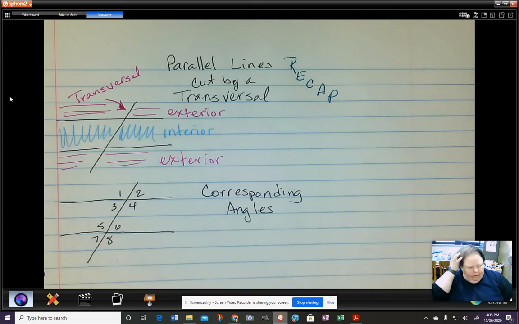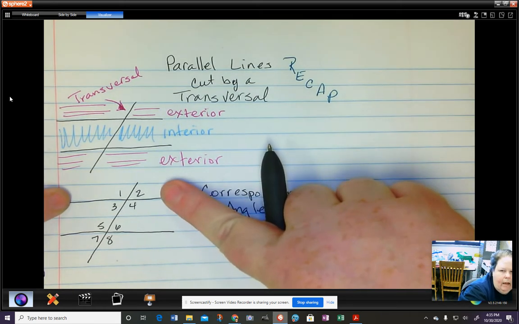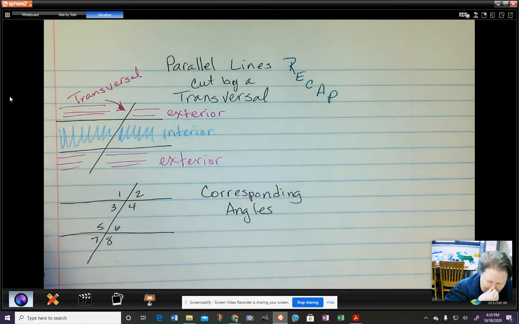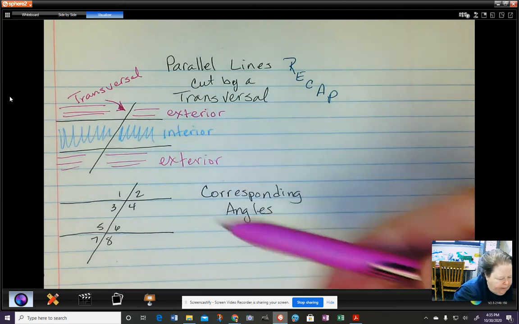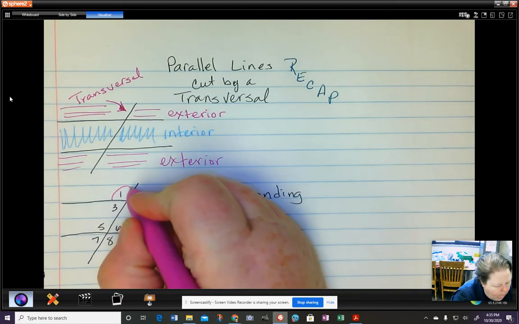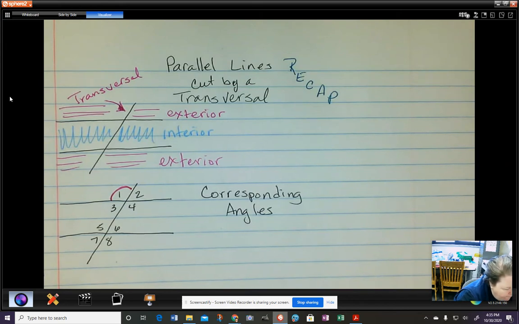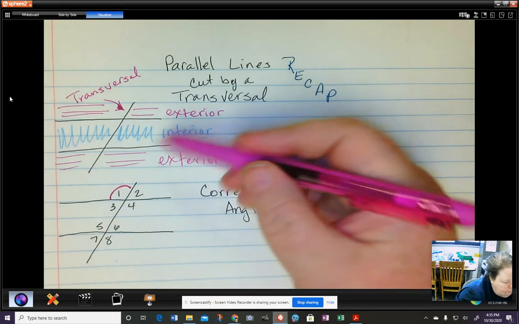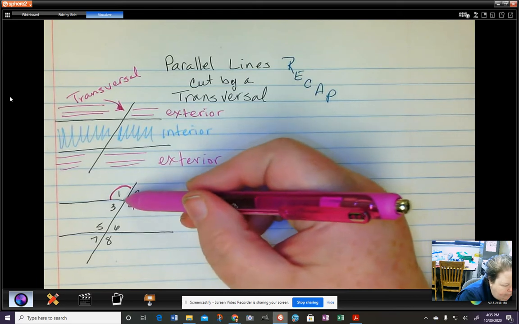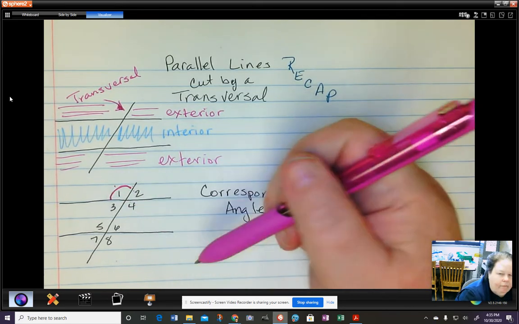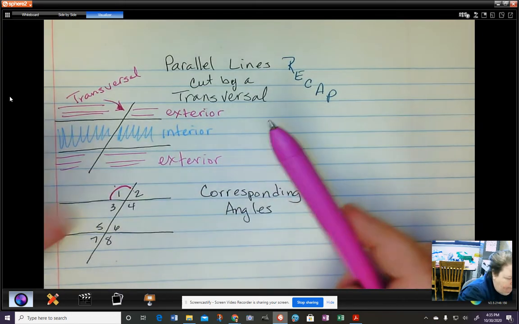Basically, it's taking this top line and matching it to the angles on the bottom line. So if I said angle 1, what matches to angle 1 on the bottom? Well, angle 1 is on the top of the line. It's also on the left. So top left.